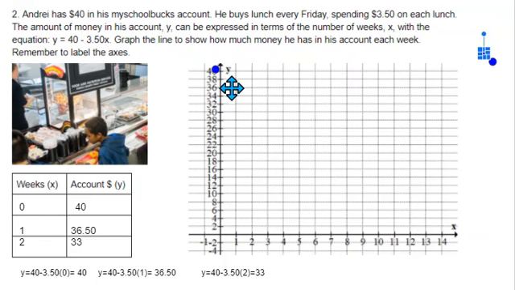It's kind of hard to see where I'm putting this, so I'm going to check it after. That's a little bit too low. Pretty good. And then 2, 33, so that would be between the 32 and the 34.